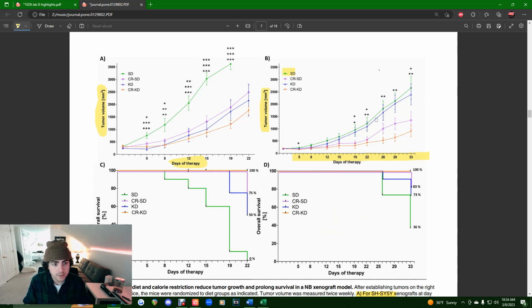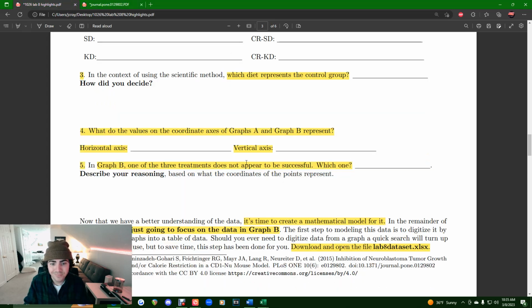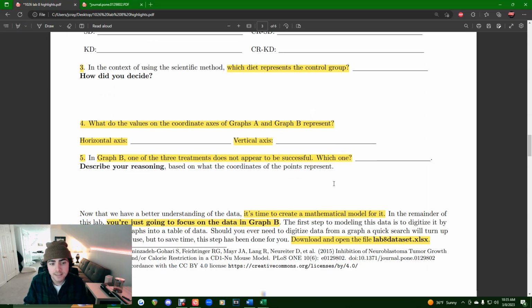The one color that's going along with the green line, the standard diet, is the blue, the ketogenic diet, because the other 2 colors are keeping the tumor growth at bay. The blue line, the ketogenic diet, looks like it's just growing right along with the standard diet. So that one appears to be not successful.